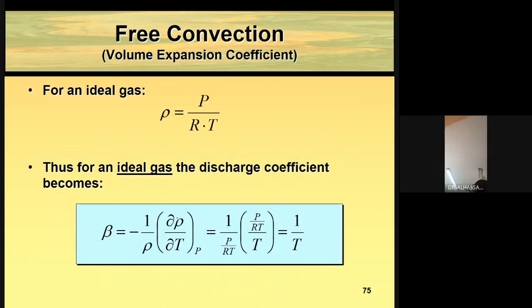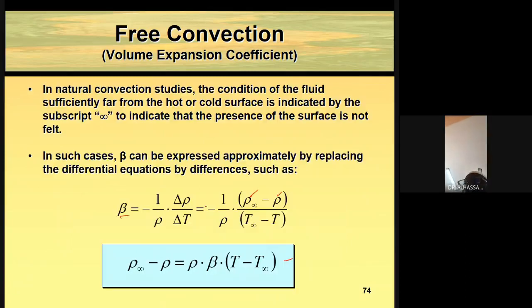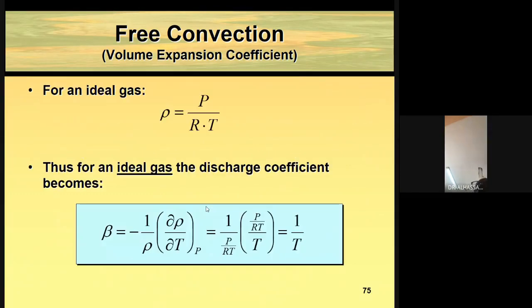Finally, we introduce a new parameter, and we are using the ideal gas equation. Using the ideal gas equation, we know rho equals P divided by RT. The ideal gas equation is given by PV equals mRT. If I divide this by m, this will cancel out, so we have P times specific volume equals RT.